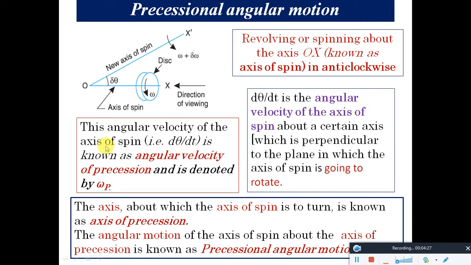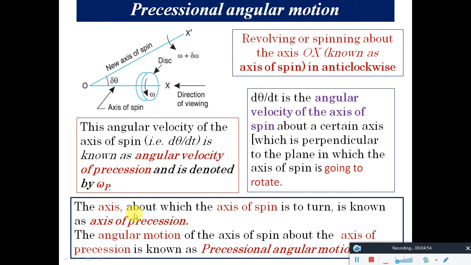So the angular velocity of the axis of spin, or we can call it the angular velocity of precession, we denote as omega p. This d theta by dt is the angular velocity of the axis of spin about a certain axis which is perpendicular to the plane in which the axis of spin is going to rotate. So generally this rotation will be perpendicular to a certain axis.